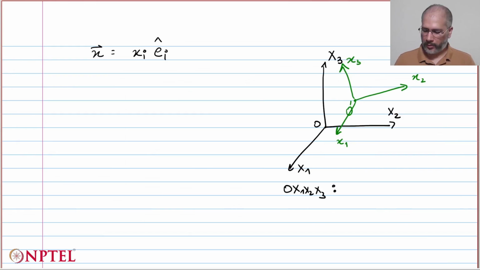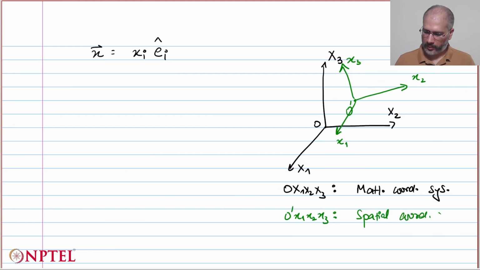So here O capital X1, capital X2, capital X3 is the material coordinate system, and O prime small x1, small x2, small x3 is our spatial coordinate system. So these are chosen by us for expressing points or position vectors. And as we see here, they are completely different.